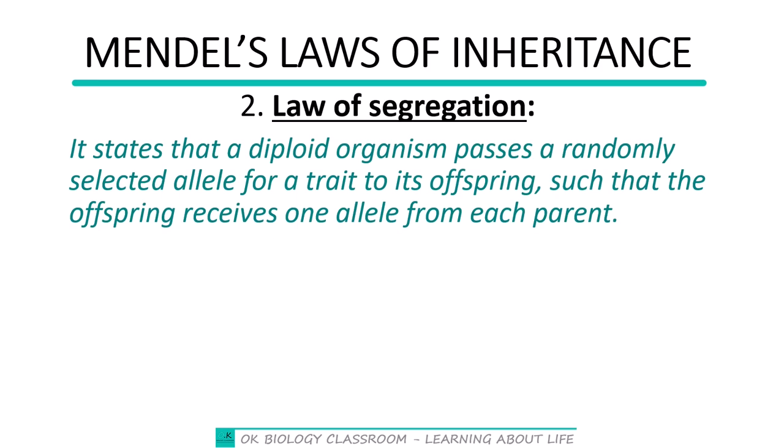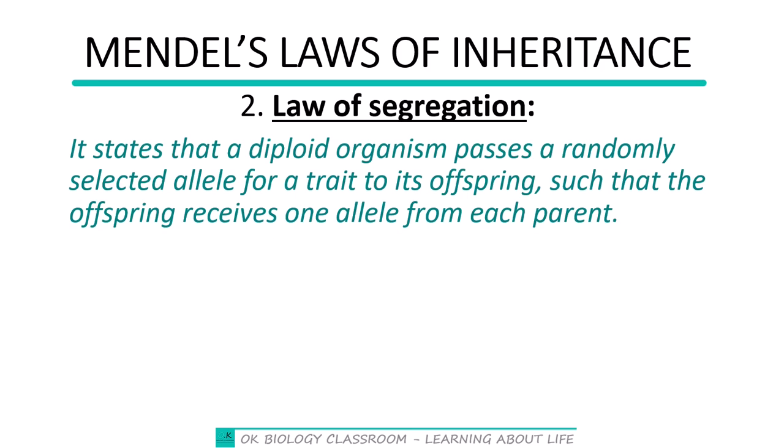In the example of the color of flower, Mendel crossed purple-flowered pea plants with white-flowered pea plants and observed in the F1 that they were all purple-colored. It means that one chromosome that carries the purple color was inherited from the purple parent, and another chromosome was inherited from the white parent with a white allele.